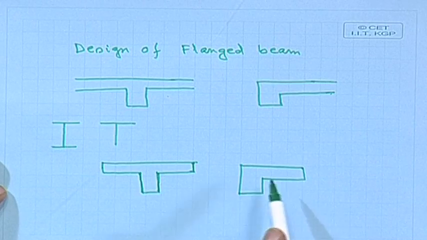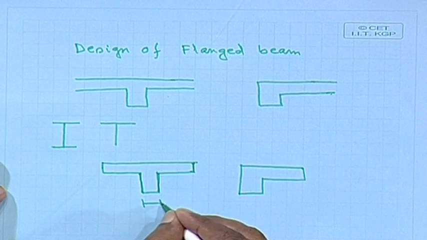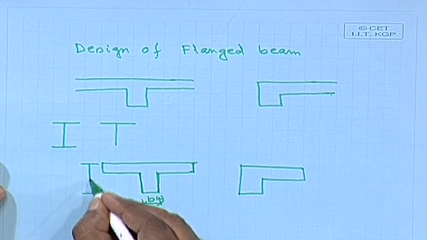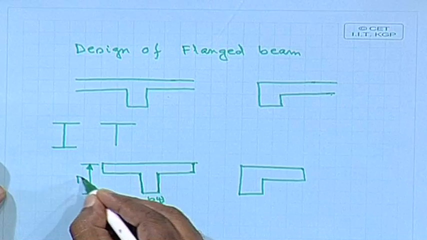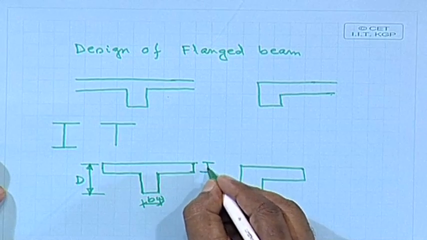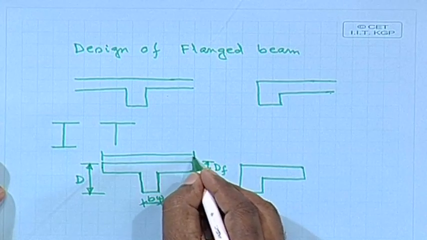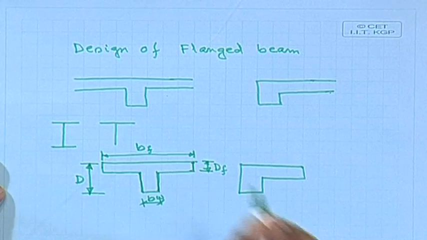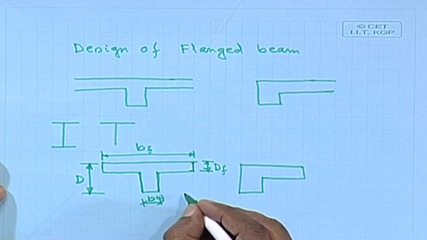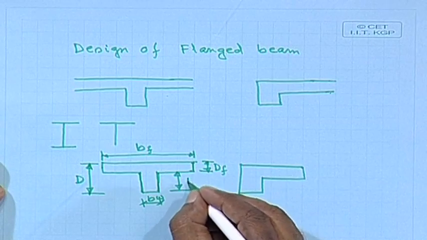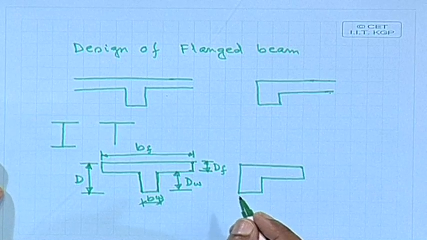What we shall do, we have to find out, say BW, let us say certain dimension BW, width of the web, overall depth, df, depth of the flange, width of the flange, and depth of the web.